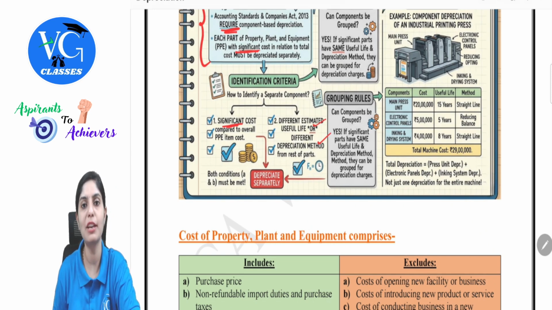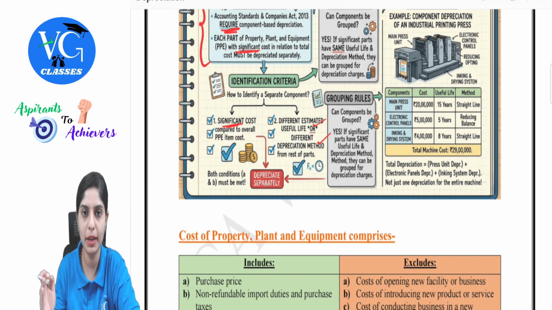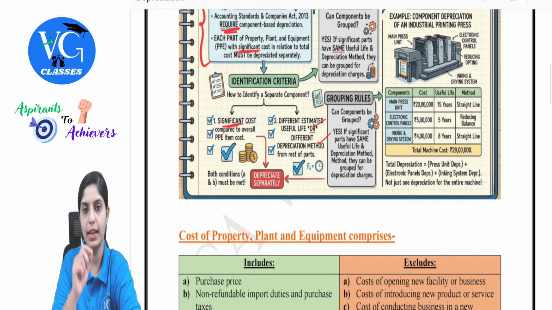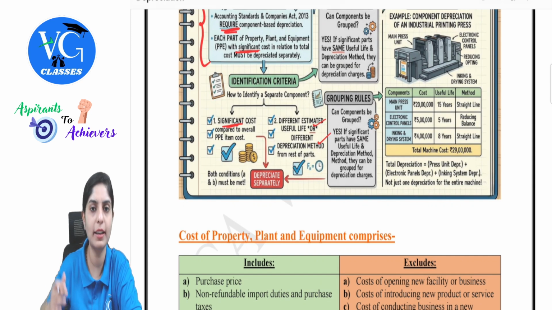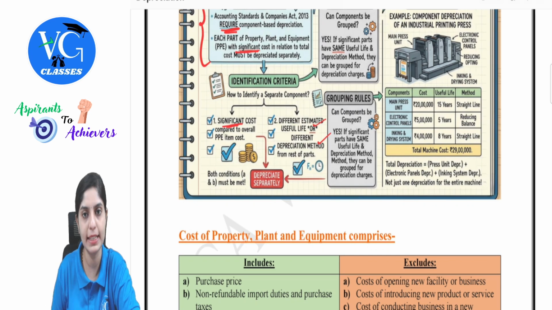Now, for example, if I take an aircraft as my asset, there are different parts which I can break off. One would be the external seatings and the other would be the engine of the aircraft, like that, different sets of assets. So if these assets have a separate cost, along with that, we'll have a separate useful life.